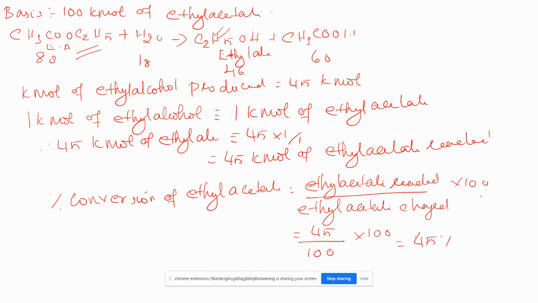They have asked us to find the kilomole of acetic acid produced also. Now we know how much ethyl acetate reacted. So if you write the relationship between ethyl acetate reacted and acetic acid, you can find how much is produced. 1 kilomole of ethyl acetate is equivalent to 1 kilomole of acetic acid.